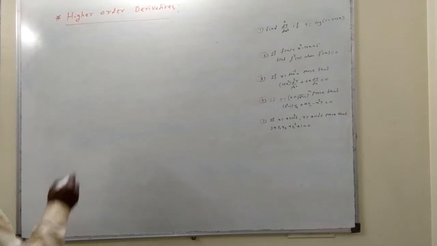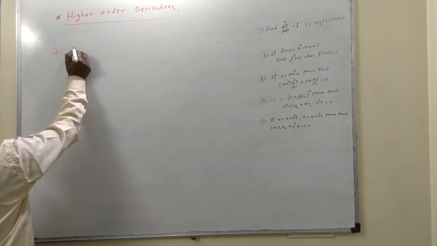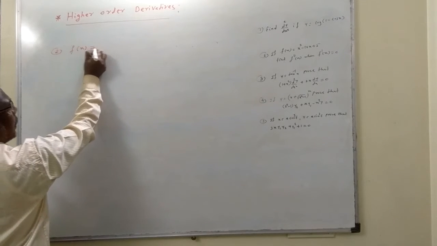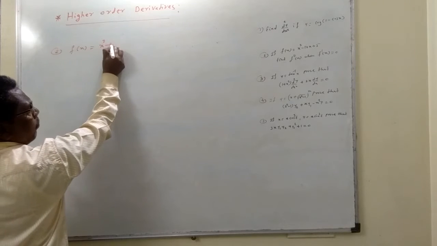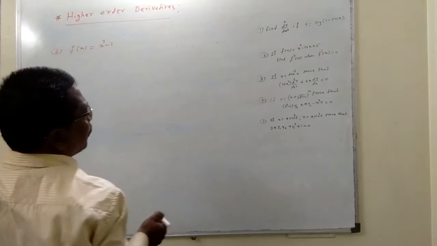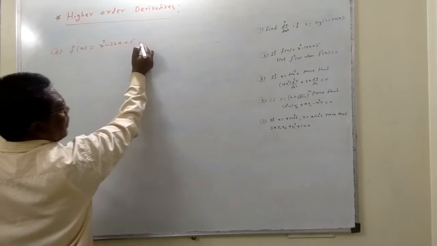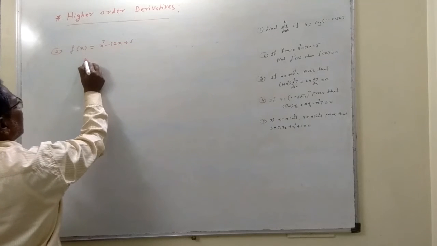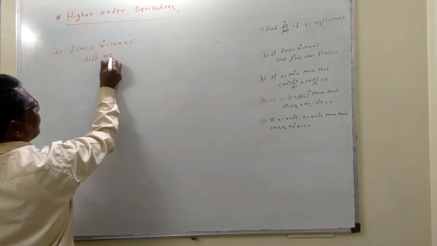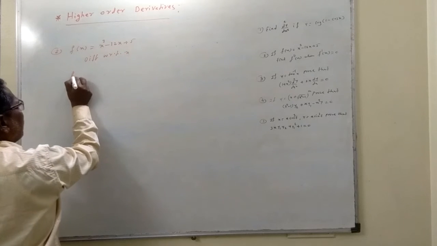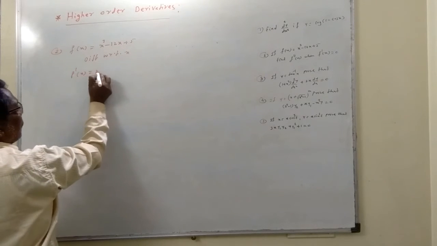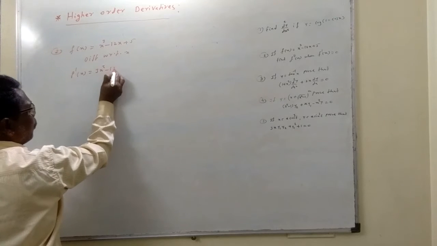Now we'll solve the second example. So f of x is equal to the given function x cube minus 12x plus 5. Differentiate with respect to x. So f dash x is 3x square minus 12.